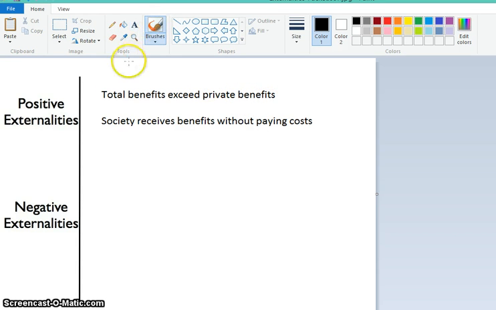A lot of times, again, you see the total benefits or the social benefits. Social benefits exceed private benefits. And again, thinking in an additional way, you can also consider that society is getting this benefit, and it doesn't have to pay for it.